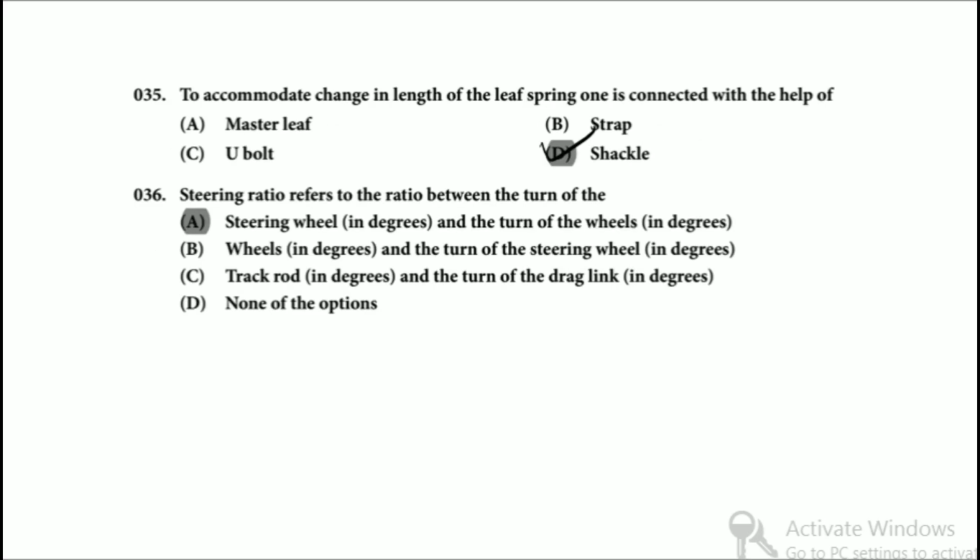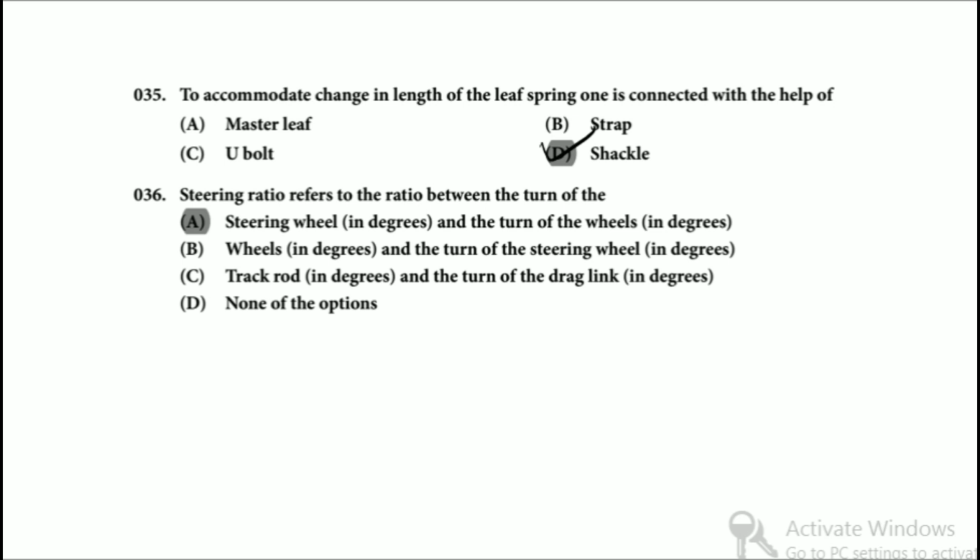Question number 35, to accommodate change in length of the leaf spring, one end is connected with the help of this. So this one is a pure knowledge based question. Then shackle is used to do that, and so shackle will be able to accommodate the change in length of the leaf spring. So D should be the right answer. Then question number 36, steering ratio refers to the ratio between the turn of dash.